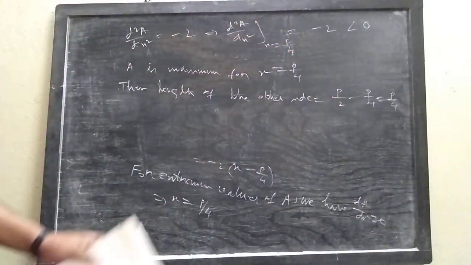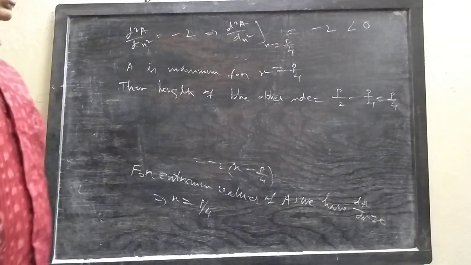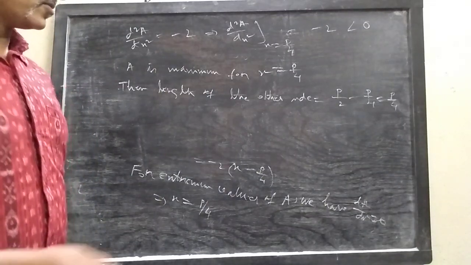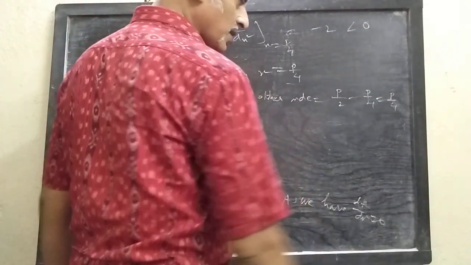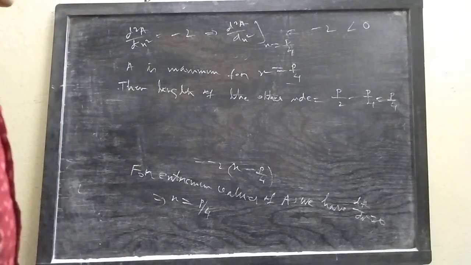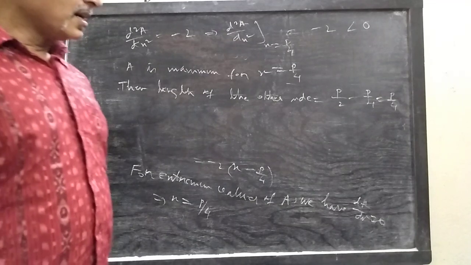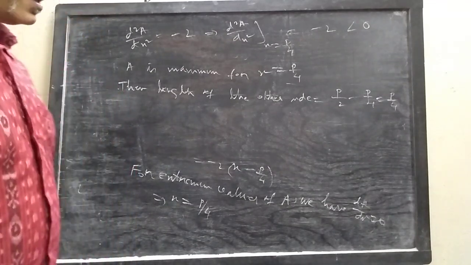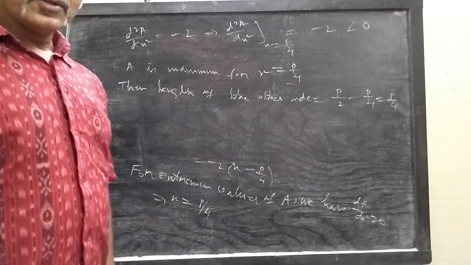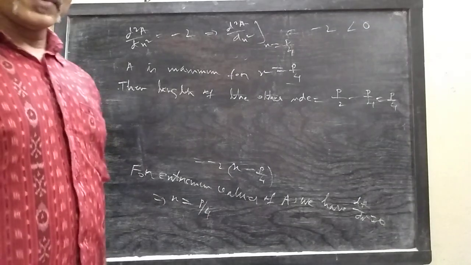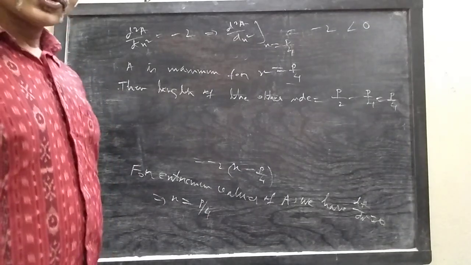Thus we find the lengths of adjacent sides of the rectangle are equal. Both are of length P by 4, which suggests that the rectangle is a square. So it is proved that a rectangle having a fixed perimeter will have maximum area when it is a square. Okay.